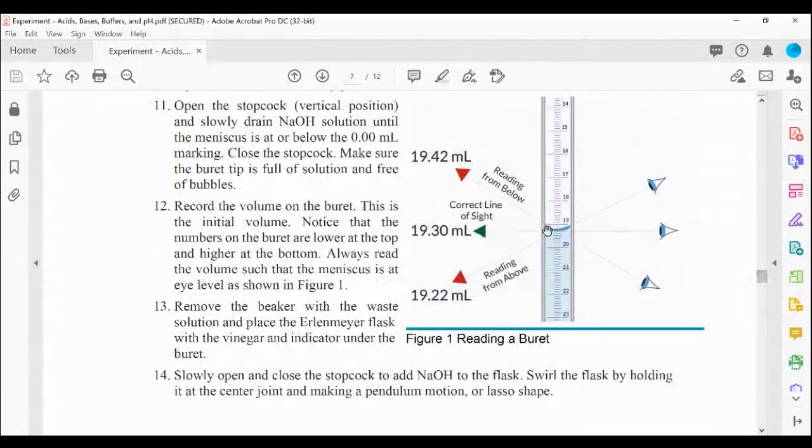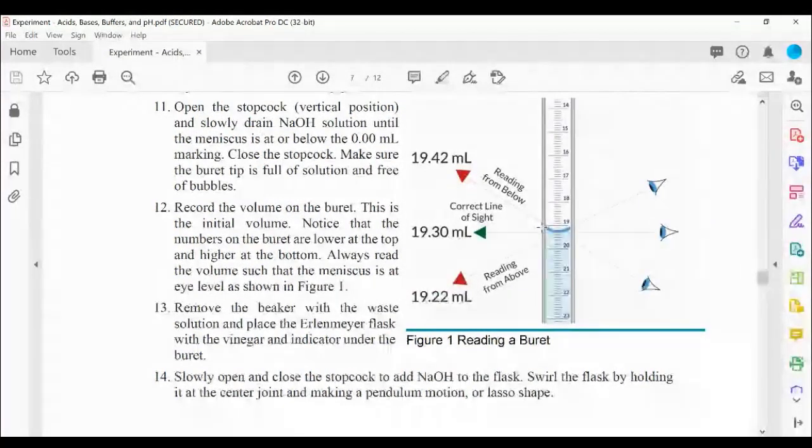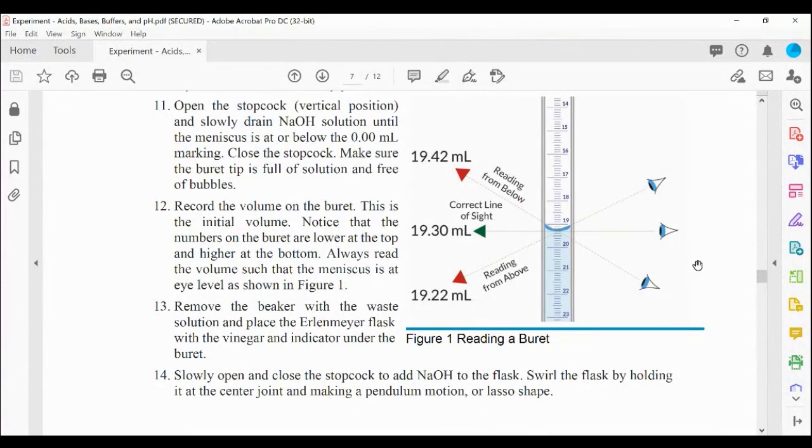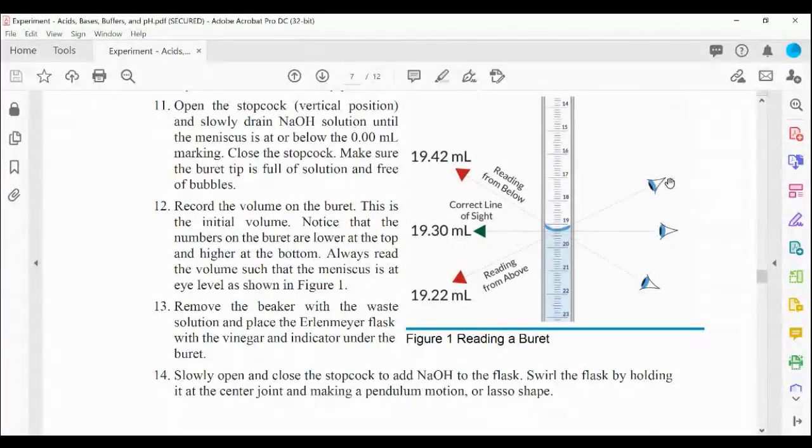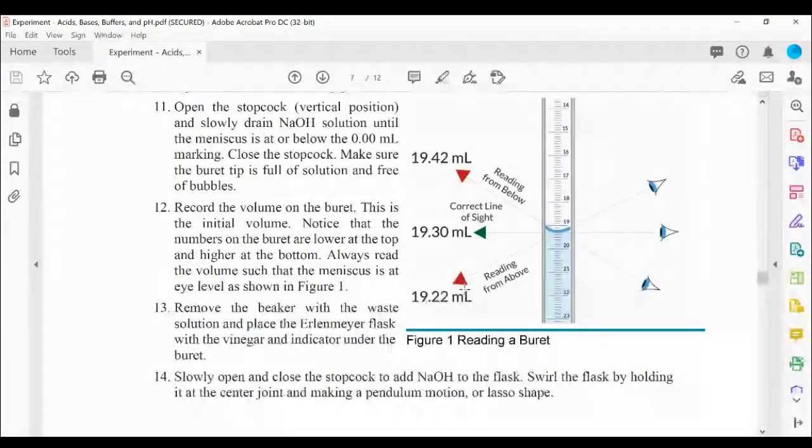Here it is showing that when we read the burette, it's always important to be at eye level and to read the lowest part of the meniscus. Here, at eye level, you are going to read the correct volume, that is 19.30. If you read from above, you are going to read a lower volume.